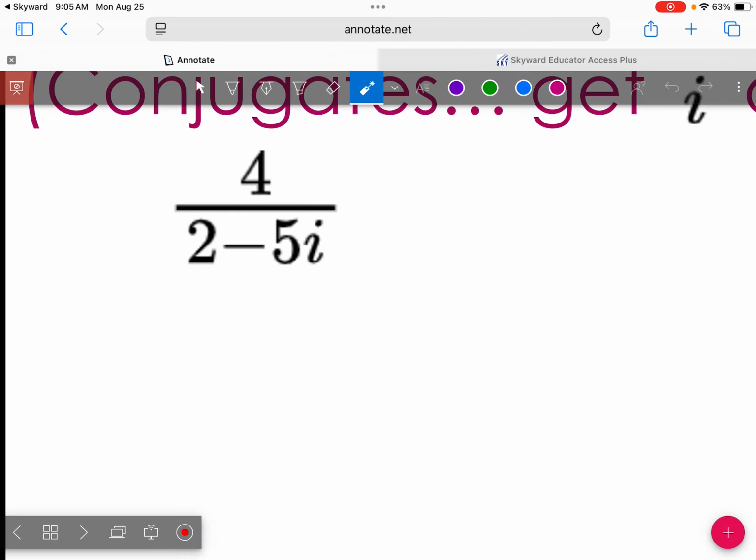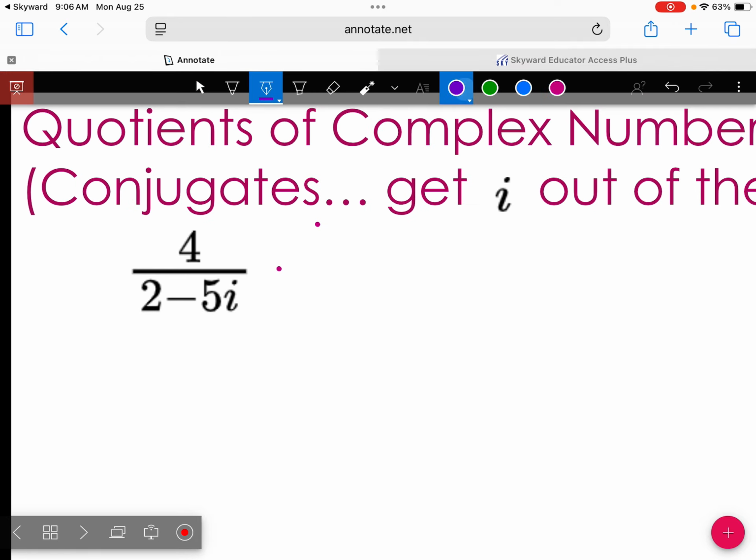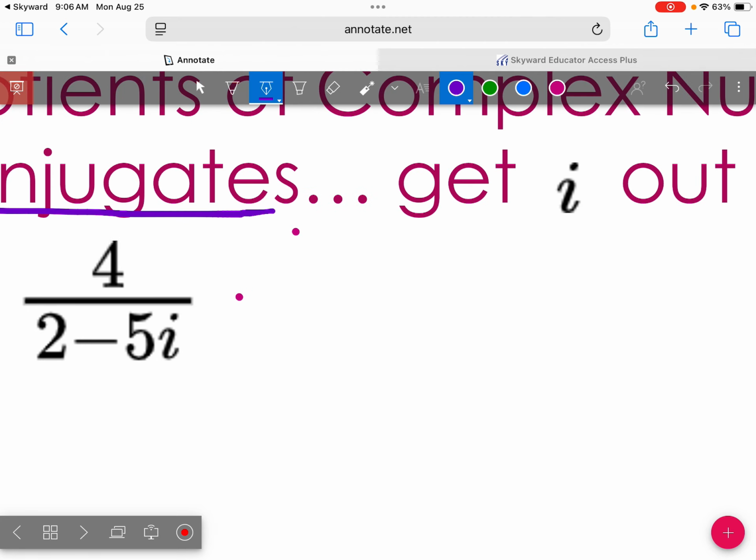When we have these complex numbers, like this guy over here, where we have 2 minus 5i, if I just multiplied by i, I'm going to write it down, but don't do this. If we just multiplied by i over i, and tried to multiply that out, I'd have my 2i minus 5i squared. Well, that gets rid of that i, but now I have a different one in there. So instead of multiplying by i over i, what we're going to need to do is get the conjugate, which we've talked about before. That was when we force it to be a difference of squares.